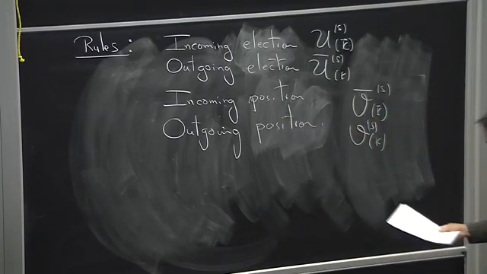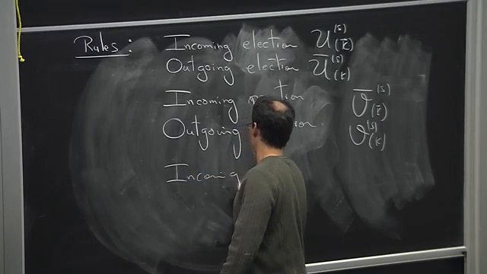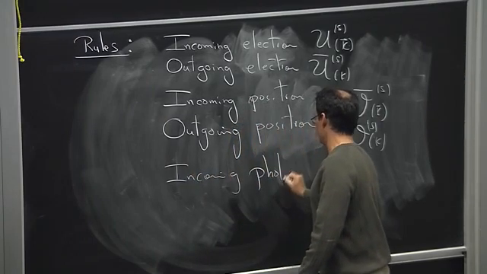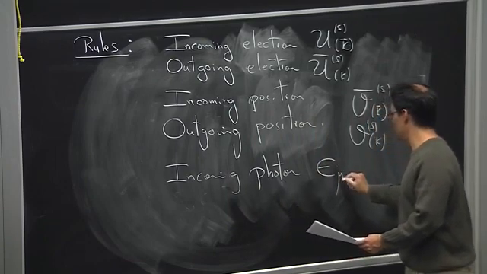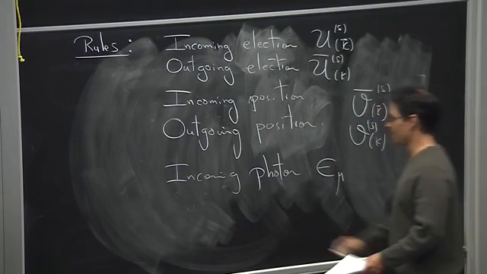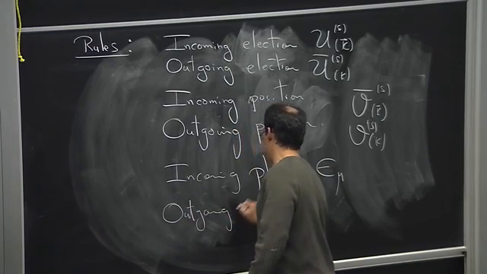And finally, an incoming photon, which will have some polarization, and an outgoing photon.